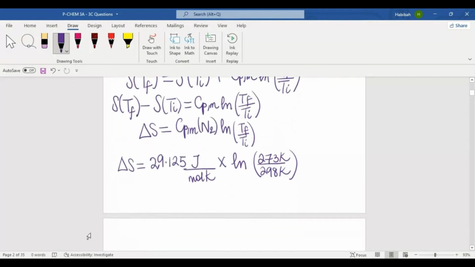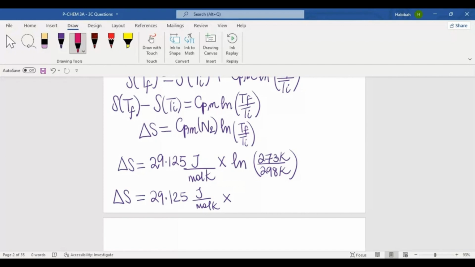So having this, we have change in S is equal to 29.125 joule per mole Kelvin, times, we see now that we have this information here, 273 Kelvin divided by 298 kelvins. We can cancel out the kelvins and we can do 273 divided by 298. So that will be times ln.